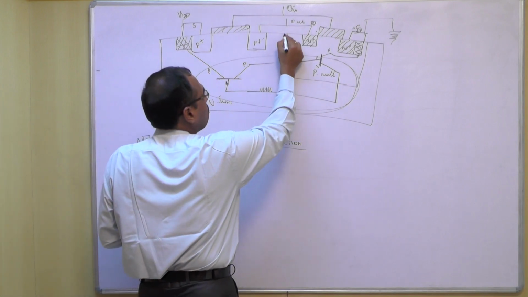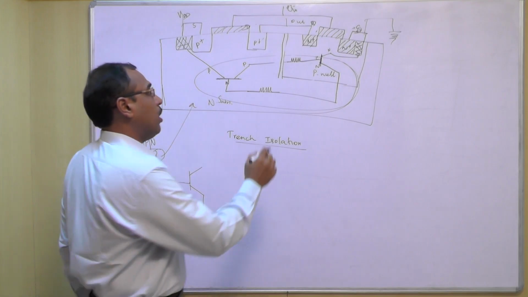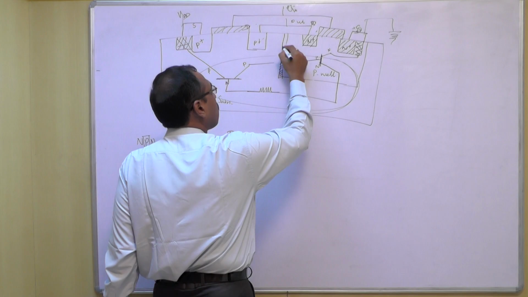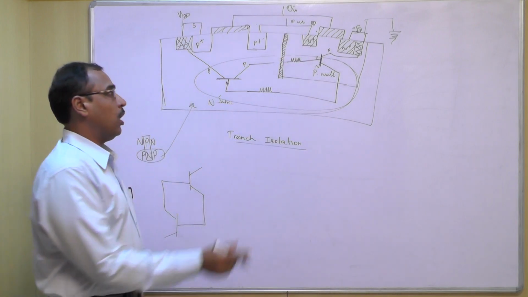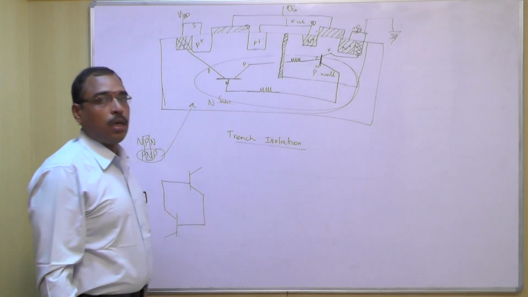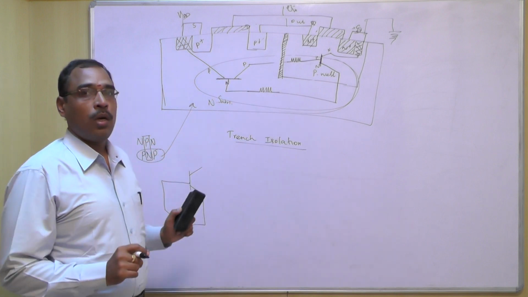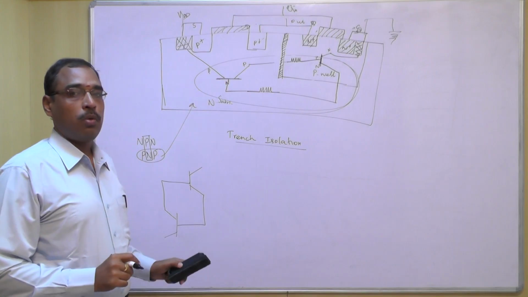This small trench will be a micro or nanometer gap, and this gap will be filled with silicon dioxide. Silicon dioxide, you know, will act as an insulating medium, so that the connections between this NMOS and the NPN and PNP bipolar transistors are avoided. This is one way of avoiding the latch-up problem.